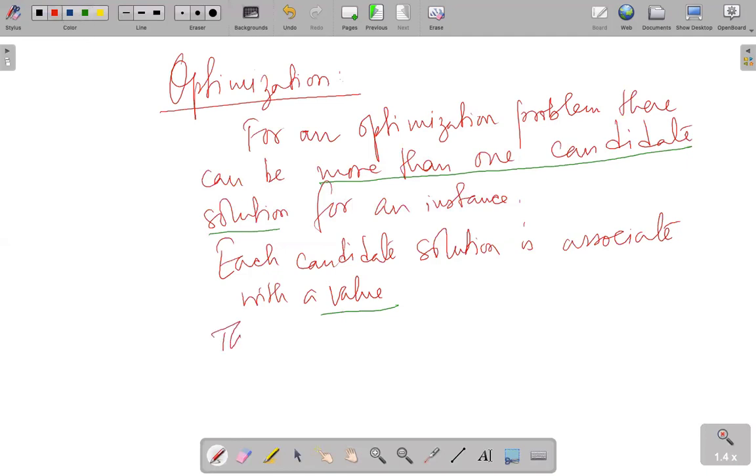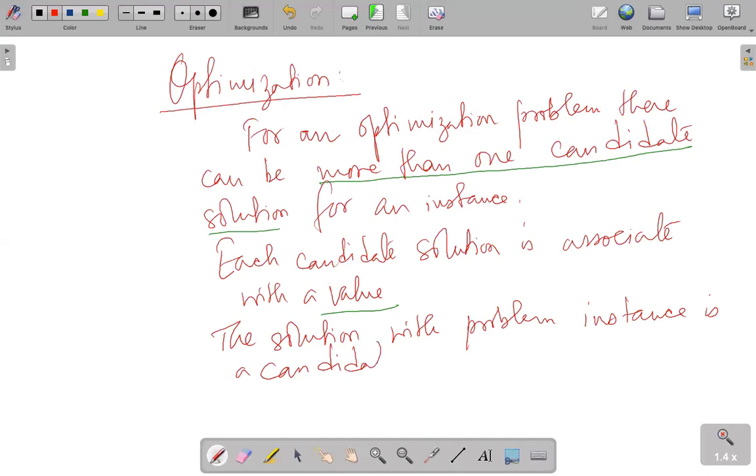Now the solution to the problem instance is a candidate solution with optimal value.